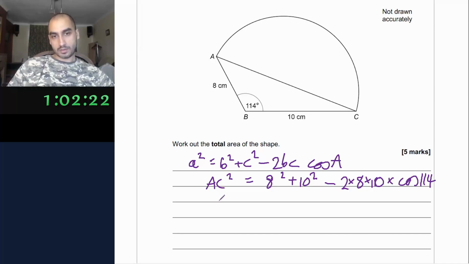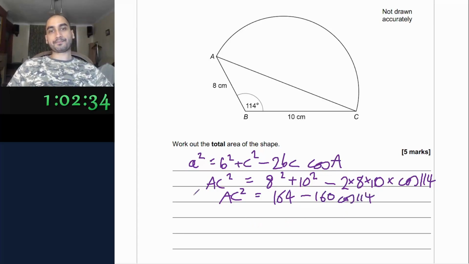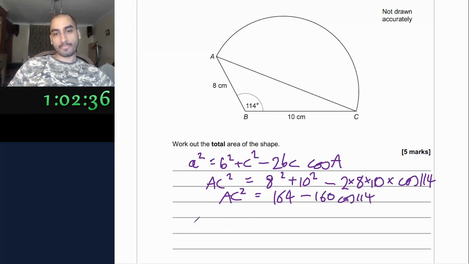So AC squared equals 164 minus 160 cos 114. So yeah, okay.